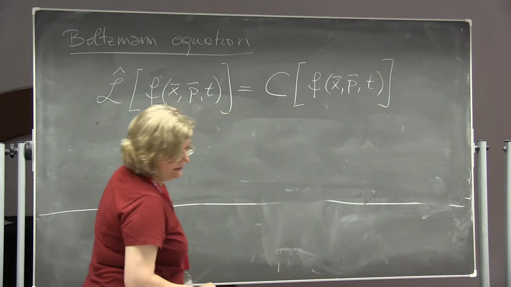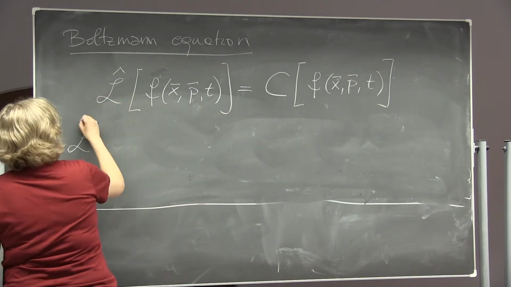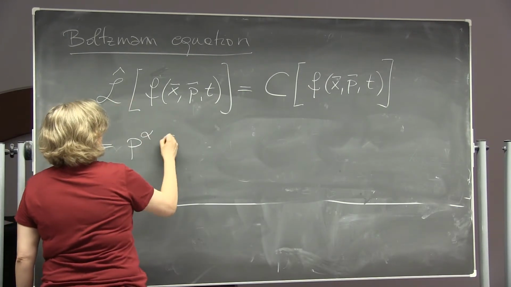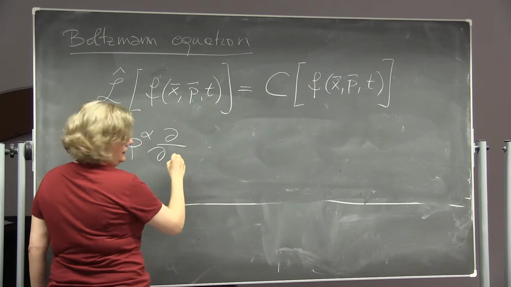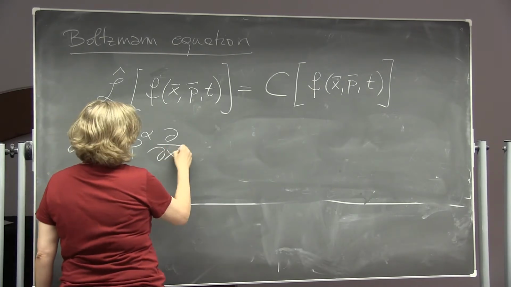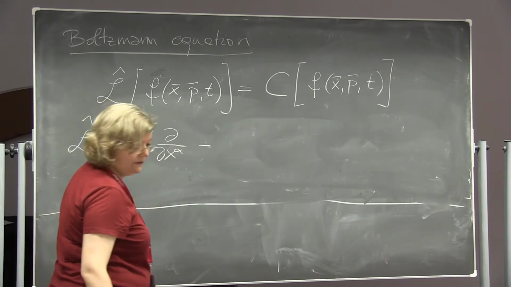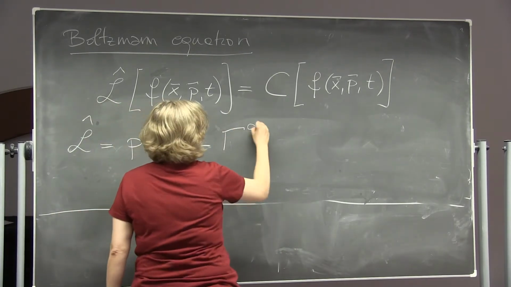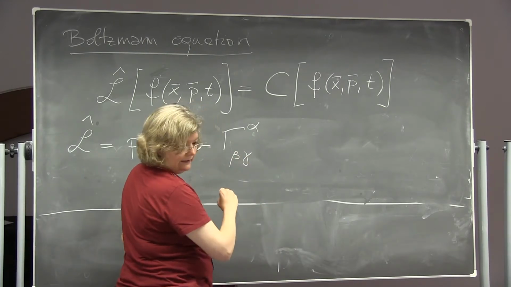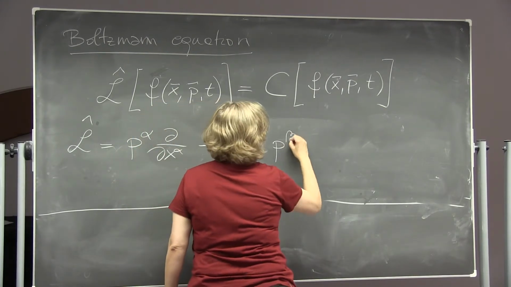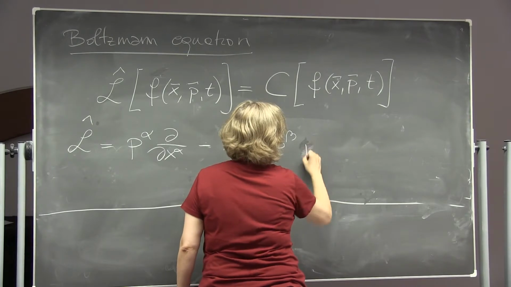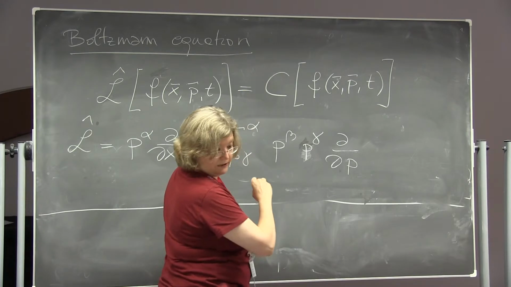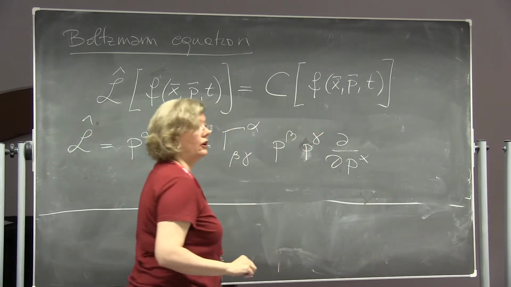Generically, you would write the Liouville operator for GR as nothing else than P^α ∂/∂x^α minus a Christoffel symbol Γ^α_βγ p^β p^γ ∂/∂p^α.